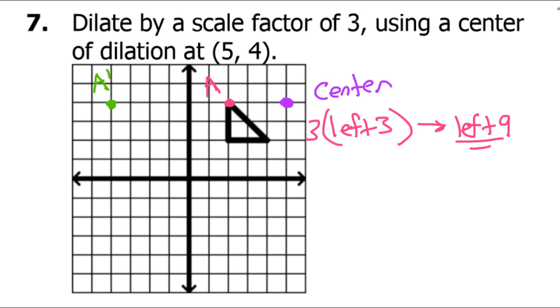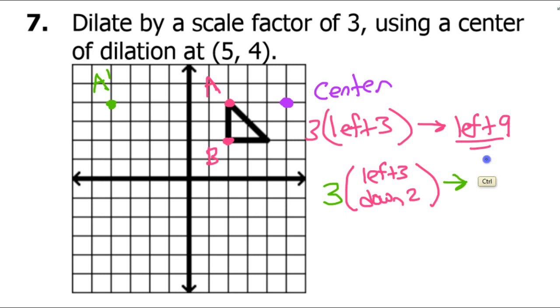Okay, let's do that again. Let's call this point B. To get to point B, I would have to go left from the center. I would have to go left 3 and down 2. Alright, this is point B. But because the scale factor is 3, every motion I do needs to be 3 times as big.